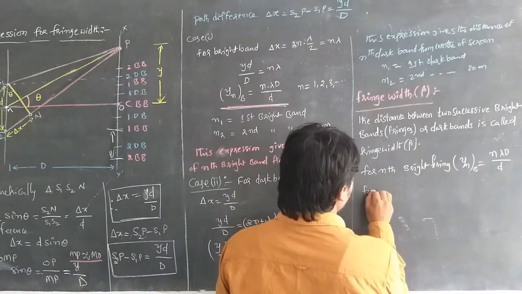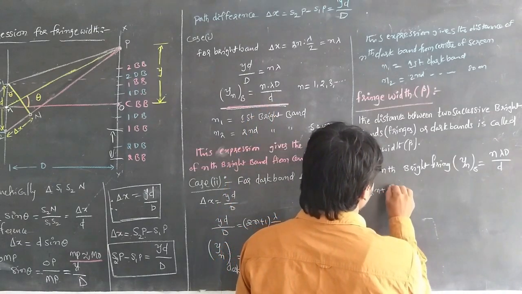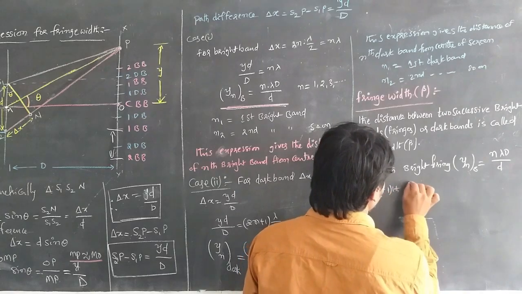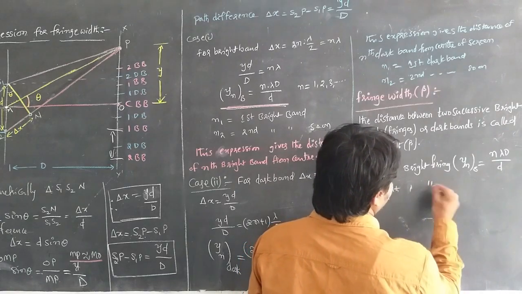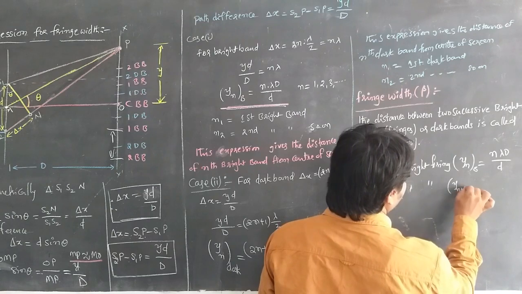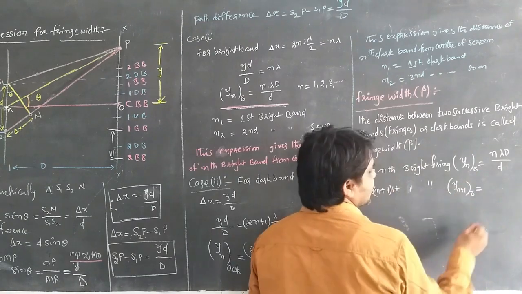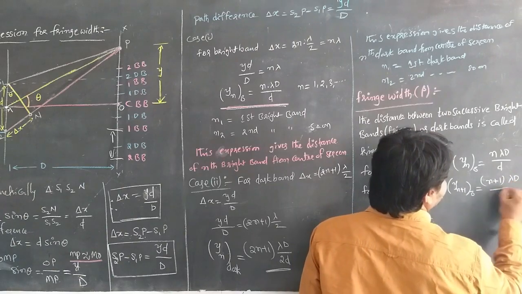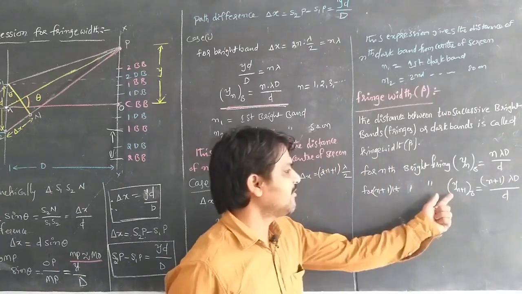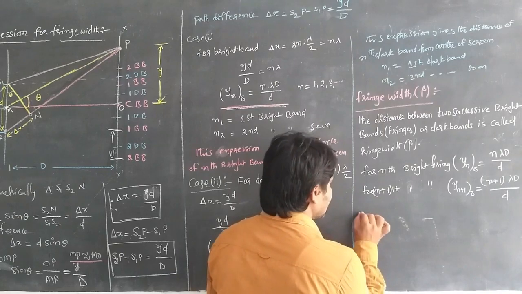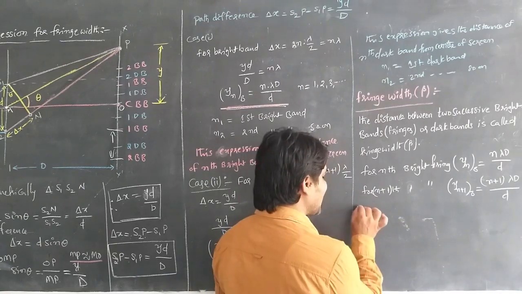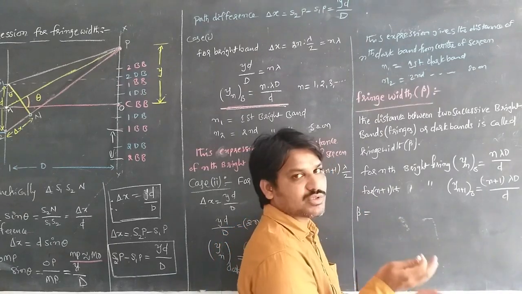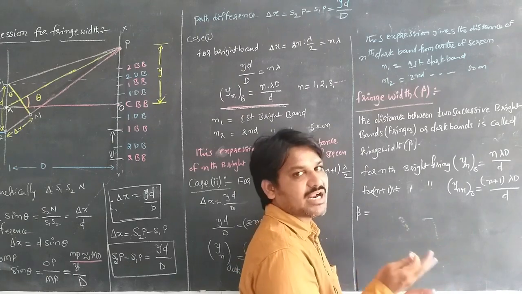For the (n plus 1)th bright fringe, y n plus 1 of bright is (n plus 1) into lambda D by d. So the fringe width beta is the distance between two bright or two dark fringes.